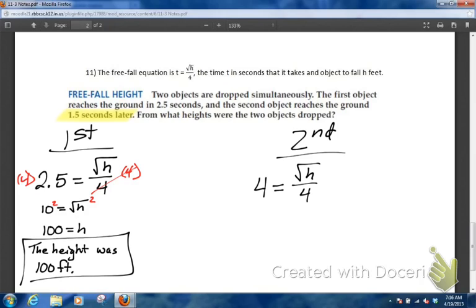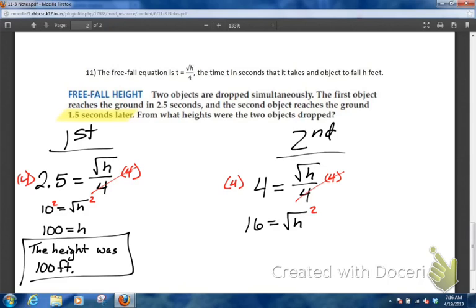Second object, same process. We're going to multiply both sides by 4. So we're going to have 16 equals the square root of h.